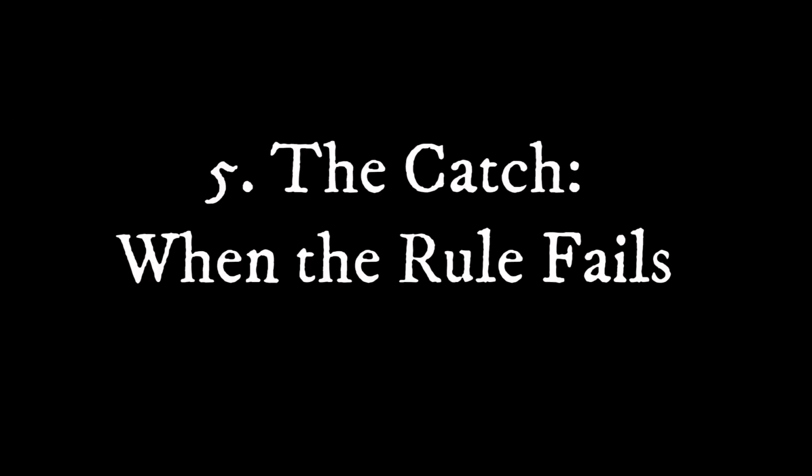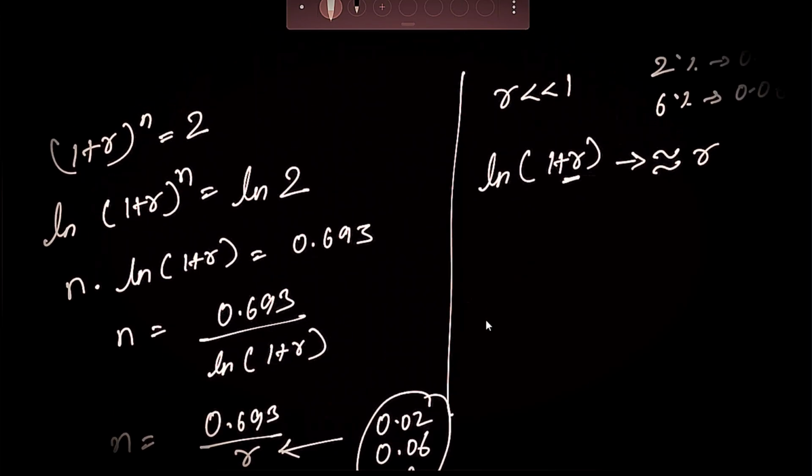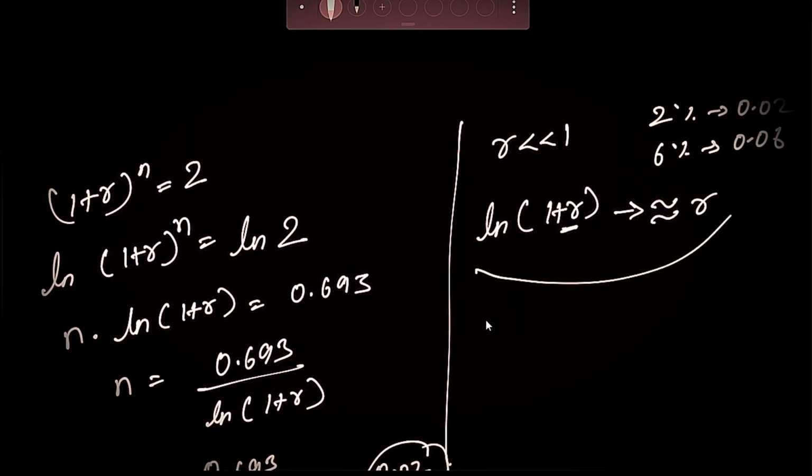Well, but this formula has a catch. We have already discussed that r is very small. If you remember, in here we have already discussed r is very small compared to 1.